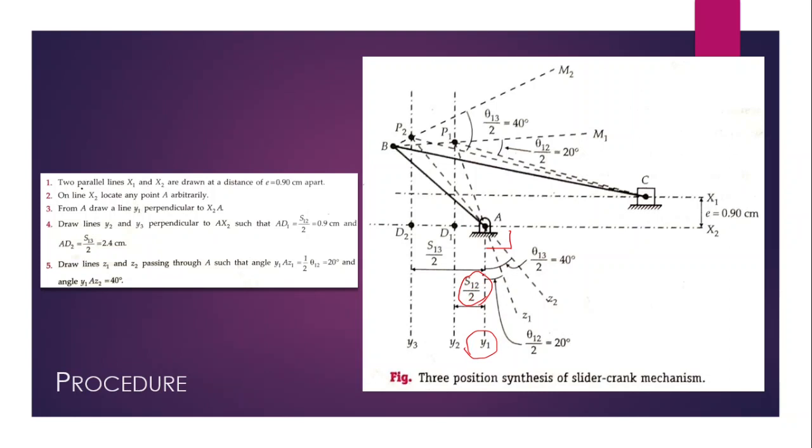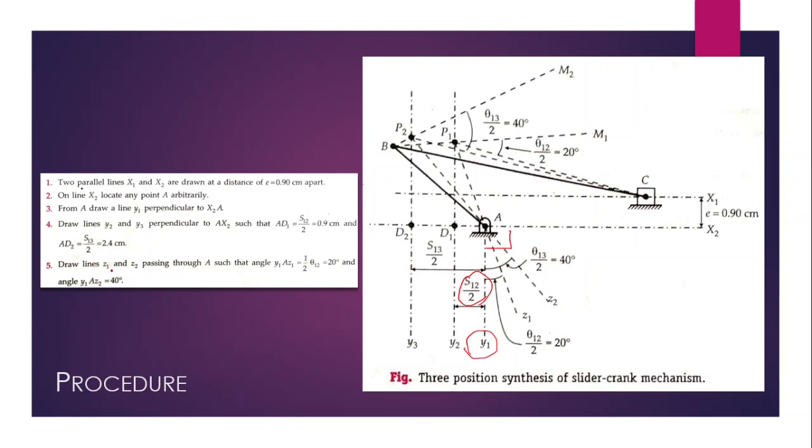Here this distance s12 is given in the question. Then s12 divided by 2 is equal to 0.9 centimeter, and a d2 is equal to s13 by 2. That's equal to 2.4 centimeter. This distance is equal to 2.4 centimeter.